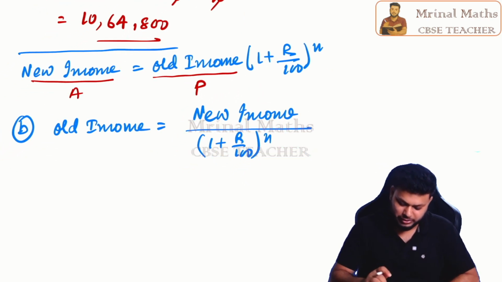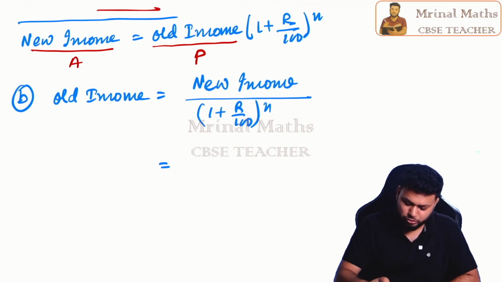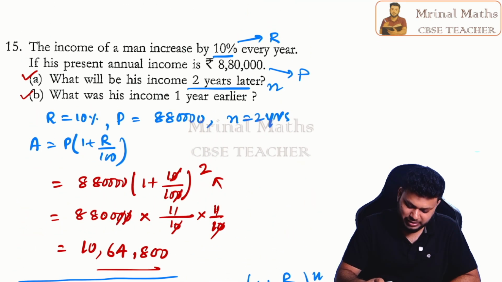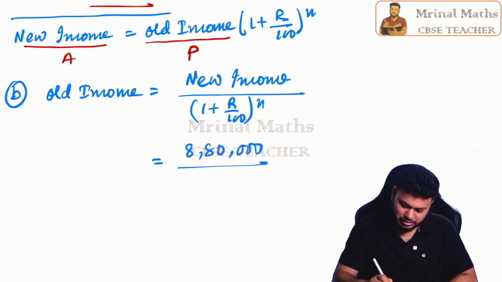Very, very important one. Okay. So writing this. So new income is how much? Actually, present income that they have given, 8,80,000 by 1 plus r value is 10 by 100 to the power n.